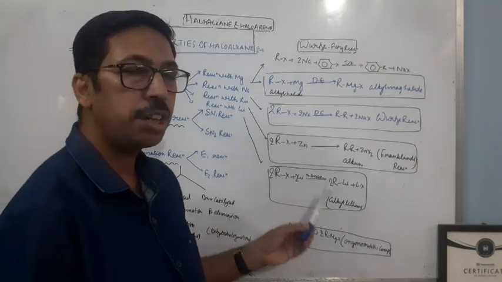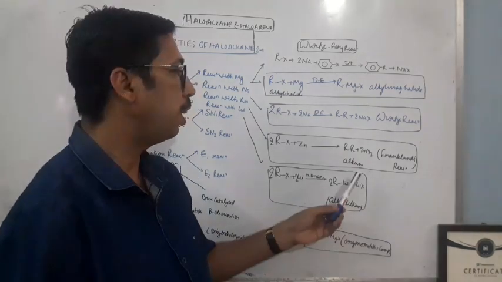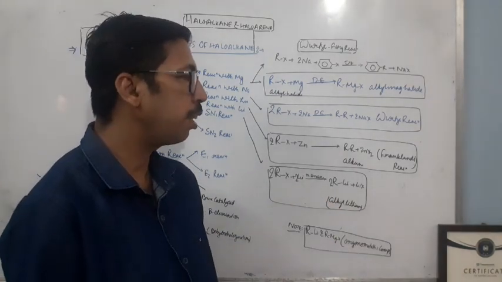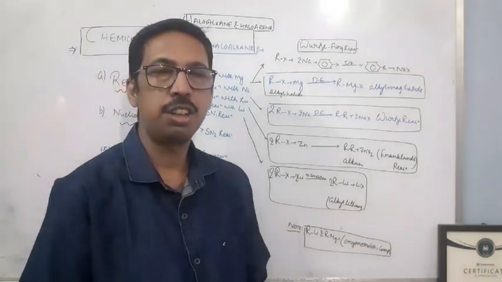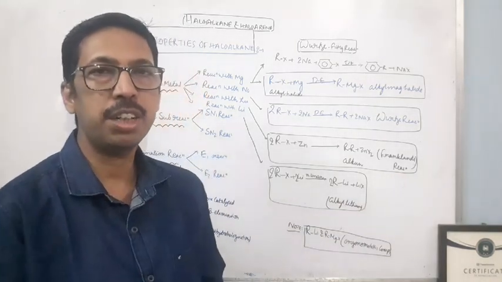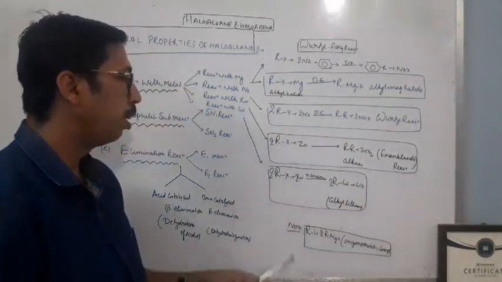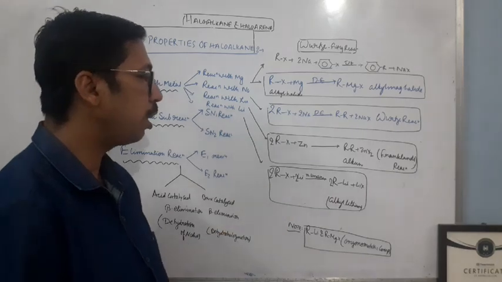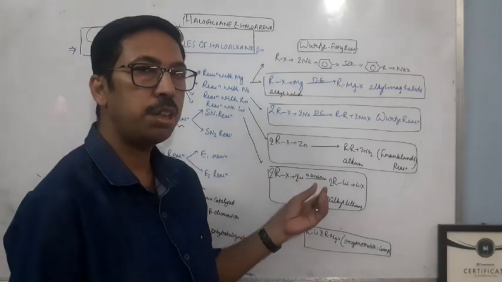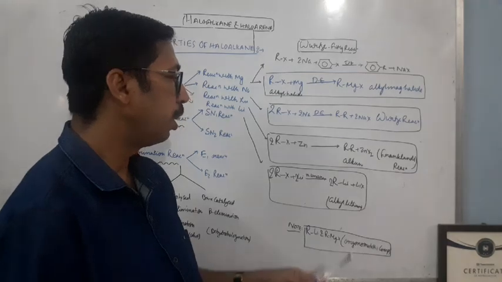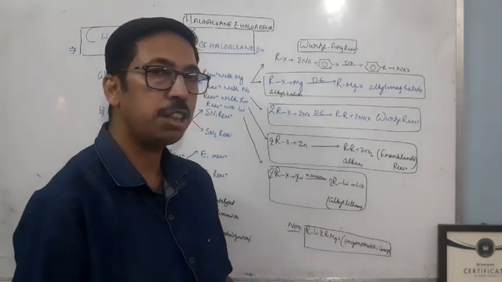When haloalkane reacts with zinc, then alkane is obtained, and this reaction is better known as Frankland's reaction. Haloalkane reacts with lithium in solvent normal hexane, then it produces alkyl lithium.